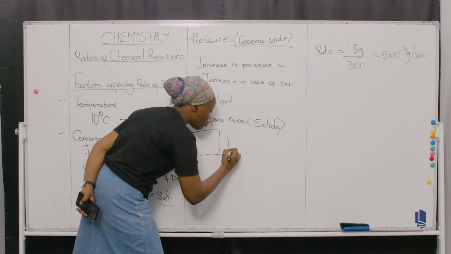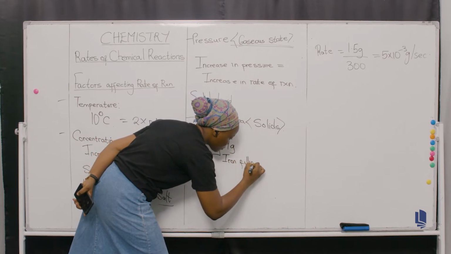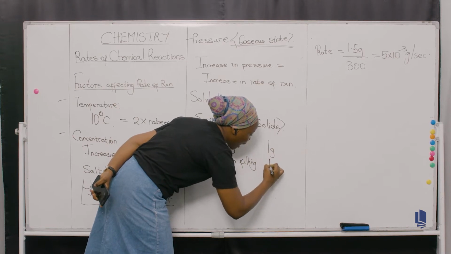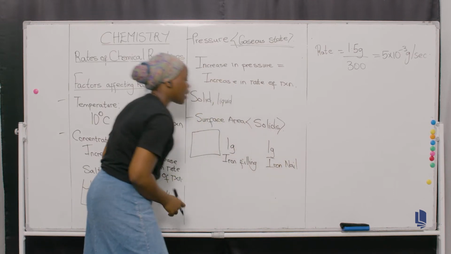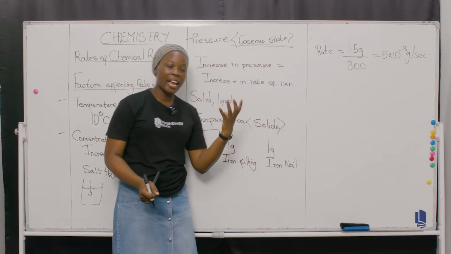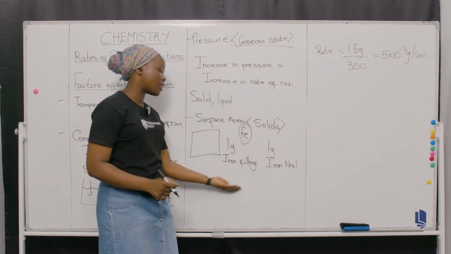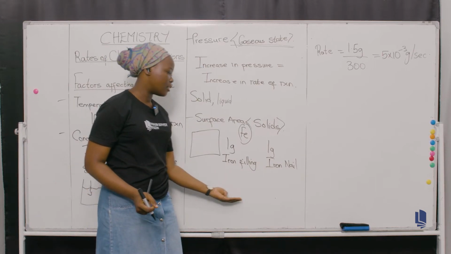Let's consider 1 gram of iron filling and 1 gram of iron nail. We know they both contain the same composition. It's an element which is Fe, right? This is iron, which is a metal. Reaction involving this would be faster than this.